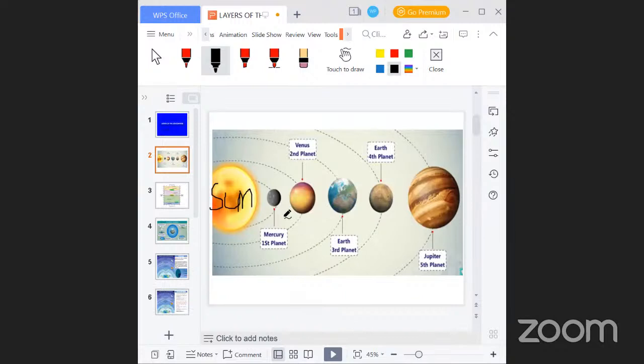The distance from the Sun is how much? 149 million 600,000 kilometers.